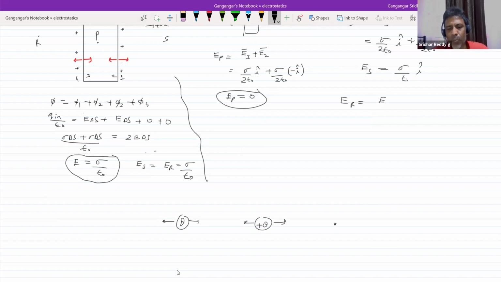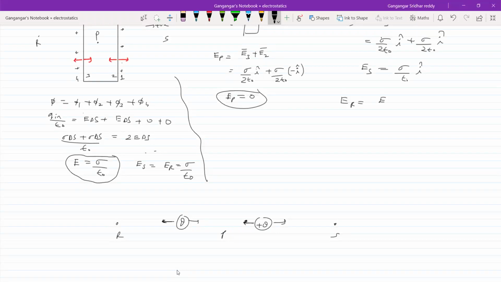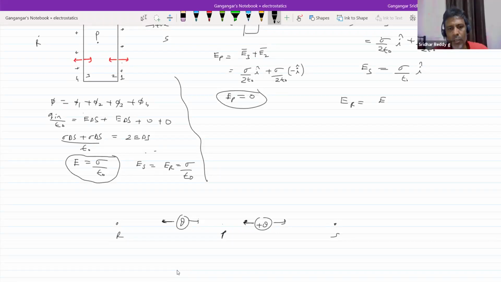I want the field at this point. What do you do? You are going to add up the field due to these two charges, no? If I want the field here, you are going to consider the direction of these arrows, yes or no? Yes, sir. If you want the field at point P, you are going to look at these two arrows.